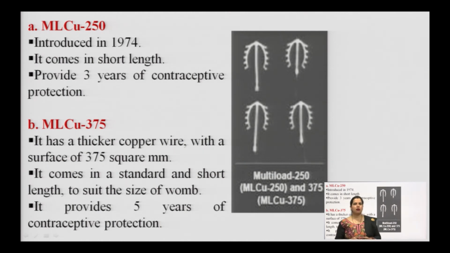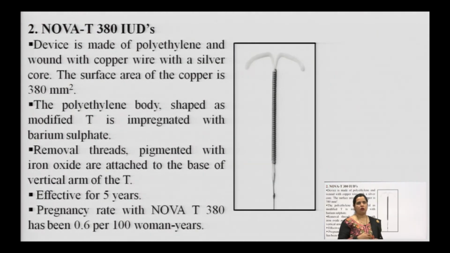It comes in standard and short lengths, as well as long and short both, to suit the size of the womb, depending on the physiological variation in women. MLCu 375 provides contraception for 5 years, whereas 250 offers contraception for 3 years.